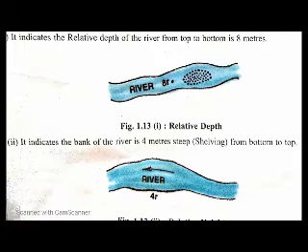The first one indicates the relative depth of the river from the bottom, which is 8 meters. The next one indicates the banks of the river is 4 meters steep. The other examples indicate the depth, the height of wells, dams, ponds, then embankments and sand dunes.